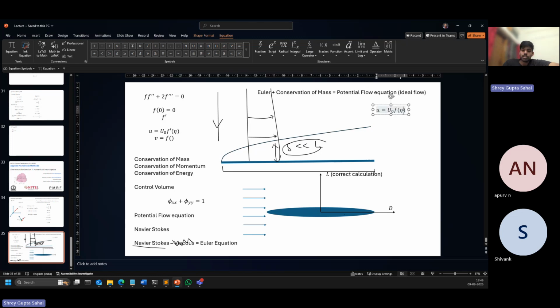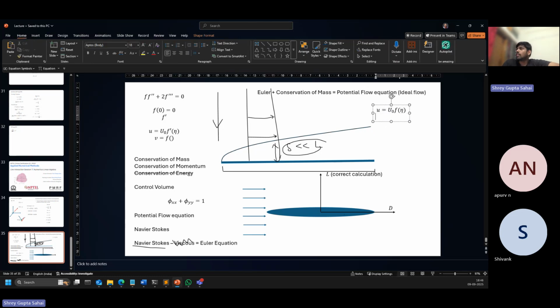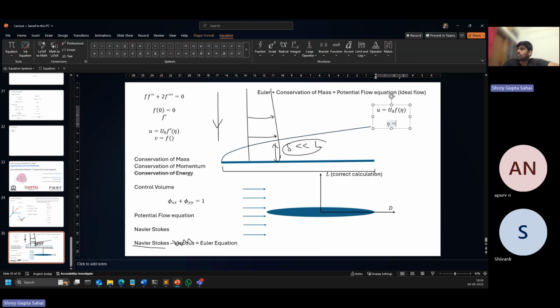Even if you haven't, it is essentially a scaled transverse coordinate, like y by delta. So depending on the local boundary layer thickness, eta is defined by this distance from the wall, scaled by some stretched thickness from the wall.